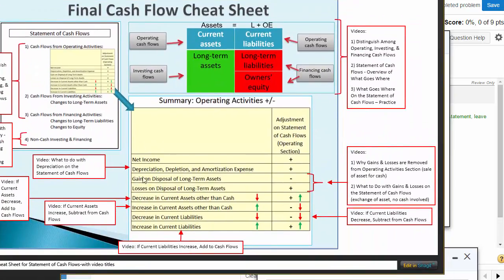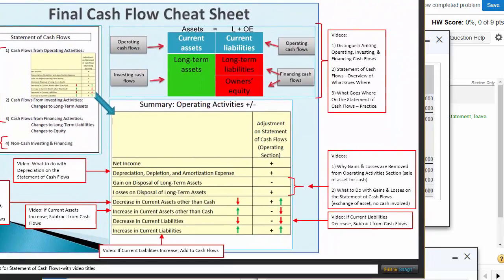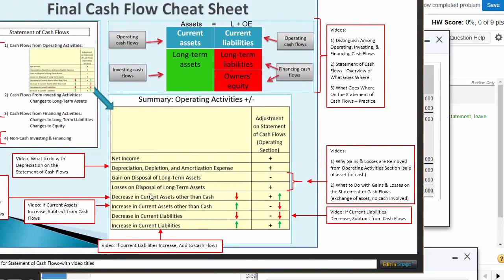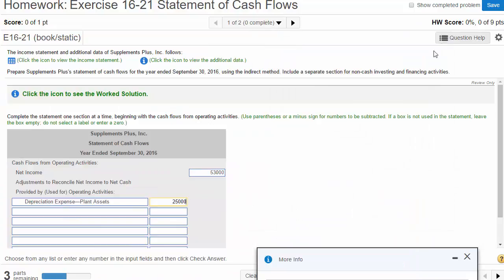Next on our cheat sheet are gains and losses. Gains and losses would appear on the income statement. I do not see any gains or losses, so we will skip them. Next, we're going to analyze all the current assets and then all the current liabilities. So we don't need the income statement.